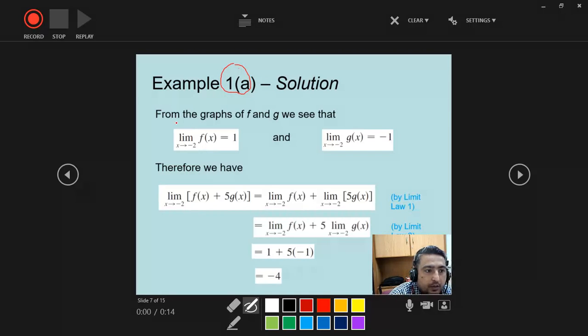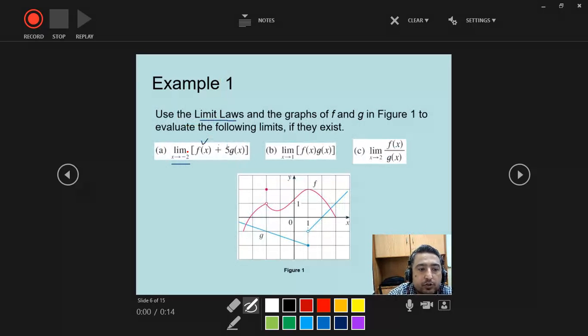From the graph, as x approaches -2, f of x approaches 1. So when x approaches -2, f of x approaches 1.